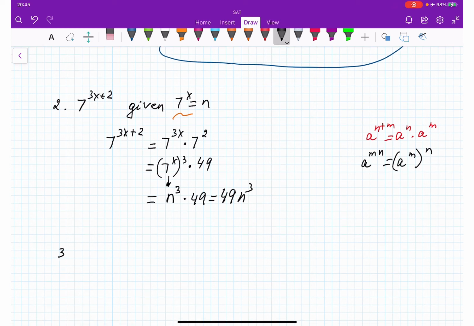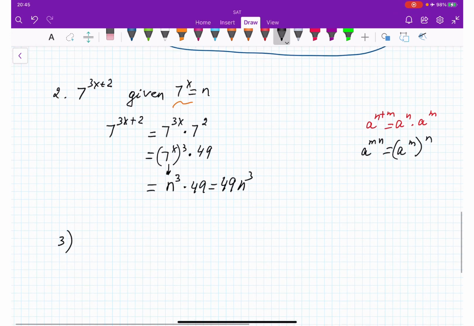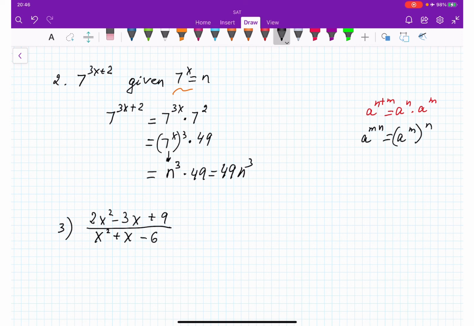And question number 3. We are given an expression, first of all, 2x squared minus 3x plus 9 over x squared plus x minus 6. Calculate the values for which this expression is undefined. Our expression is undefined whenever we have division by 0.